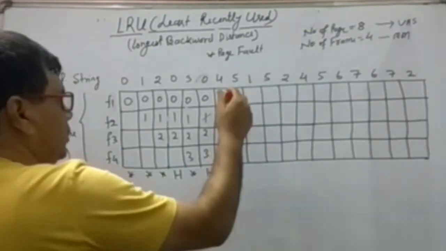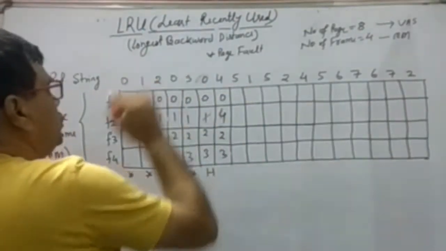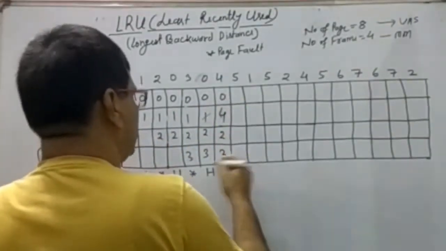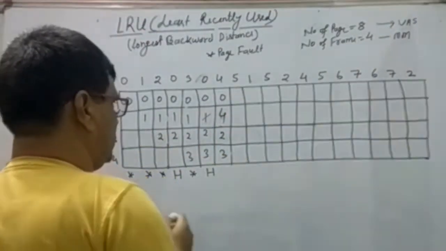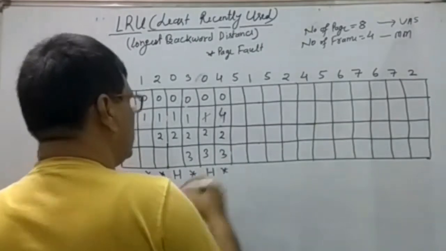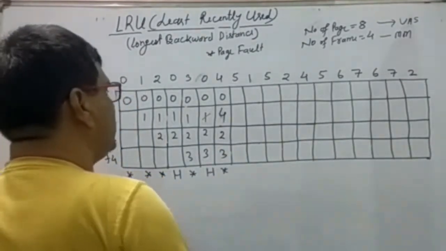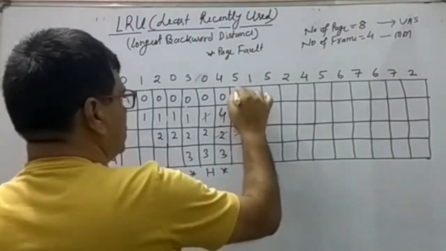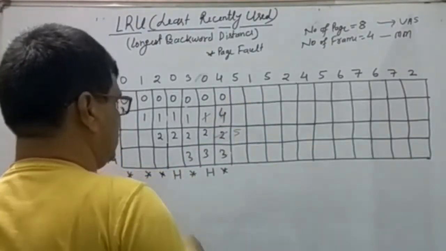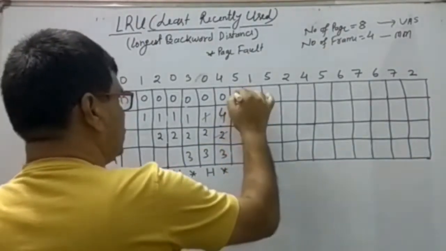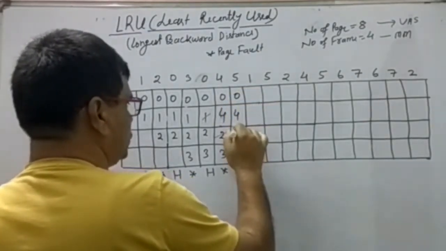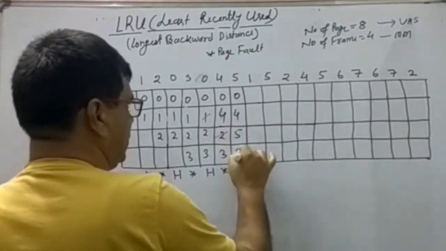So among 0, 4, 2, 3, page 2 has the longest distance. That is a page fault also, and page number 2 will be replaced by 5. Now we have 0, 4, 5 and 3.